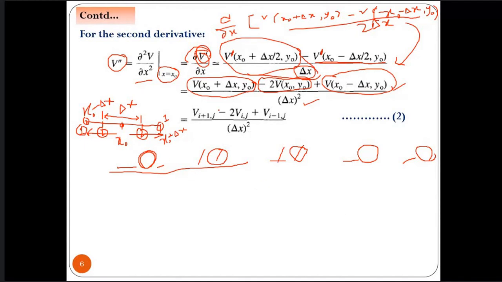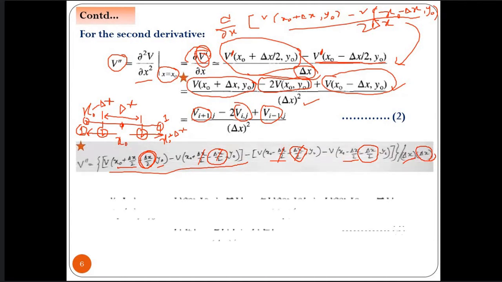Next, if it is x0 plus del x, now we can represent it in terms of vi and vj. So it becomes v of i plus 1 comma j. It is x0 comma y0, so it will be v of ij, and it is x0 minus del x, so it will be v of i minus 1 comma j. Now you have to move to the Poisson's equation.